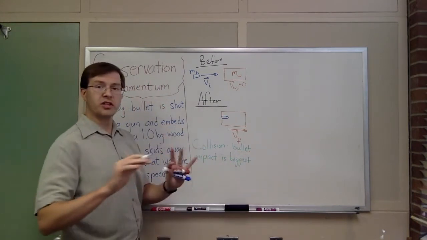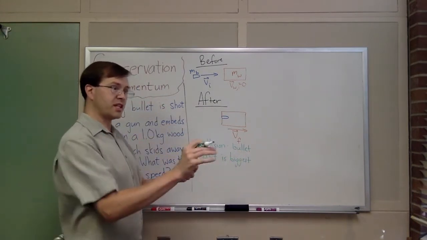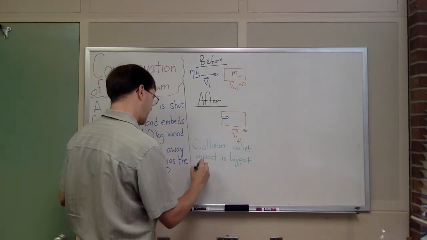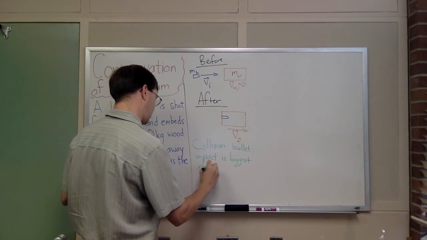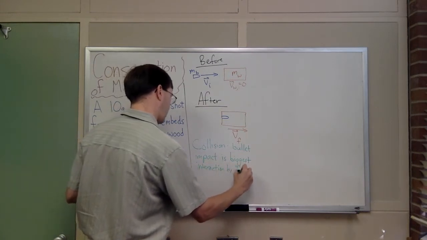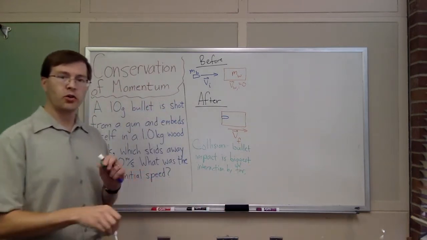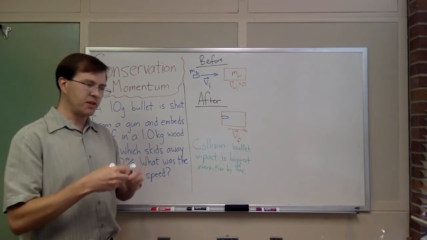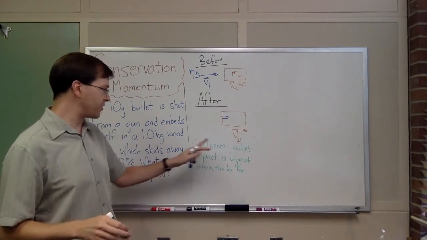There may be friction and things that come into play later, but while the bullet's hitting that, nothing is more important. So it's the biggest interaction by far during the collision. So that's why we can look before and after. Things may change quickly afterward, but we want to look at before and after to see what happens.